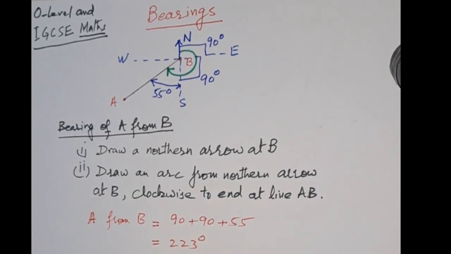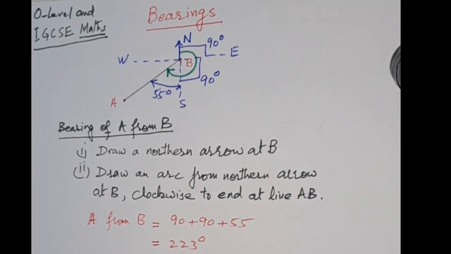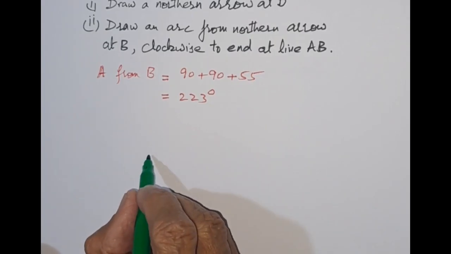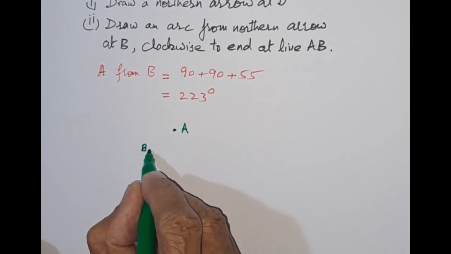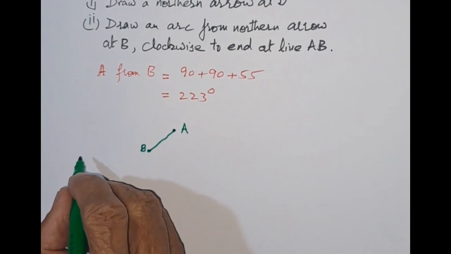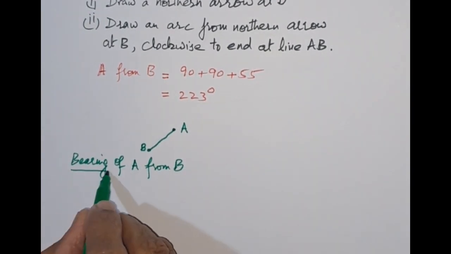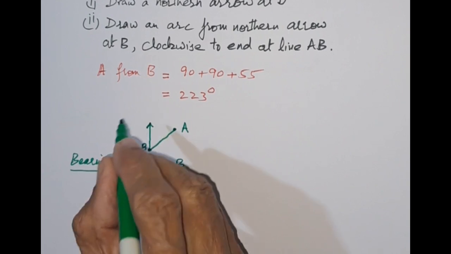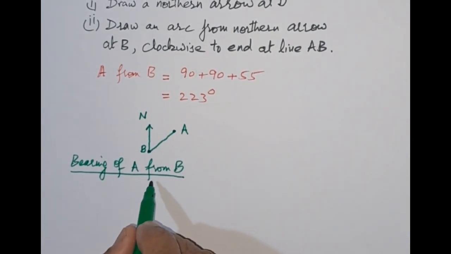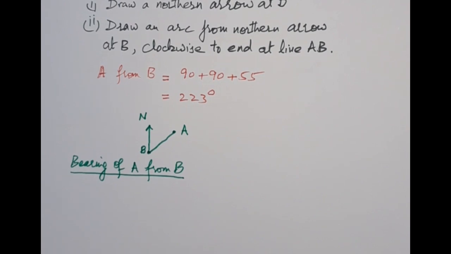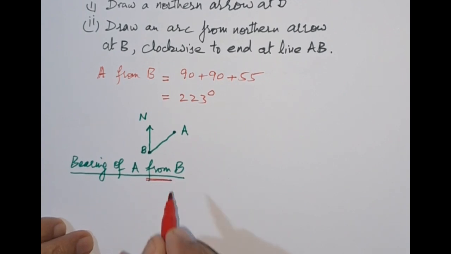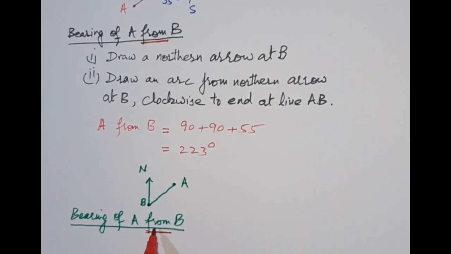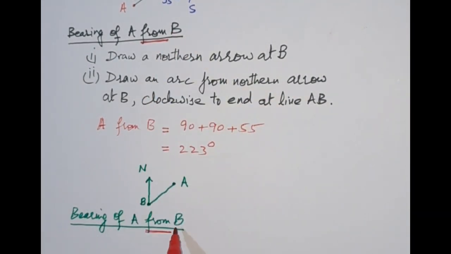Similarly, if we have another example, and that example is that there is a point A and there is a point B, and we want to have the bearing of A, then we will draw a northern arrow at B. Again, the word from in the question of bearing is very important, because whatever point comes after the word from, at that point you have to draw the northern arrow.